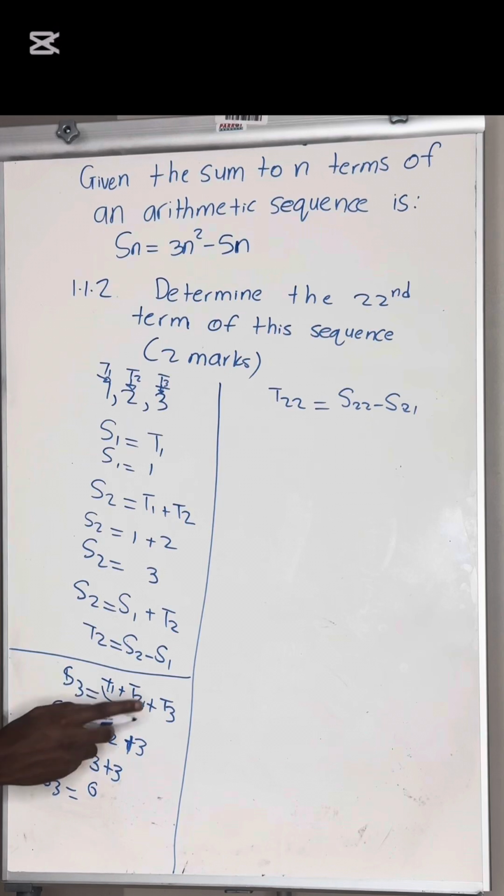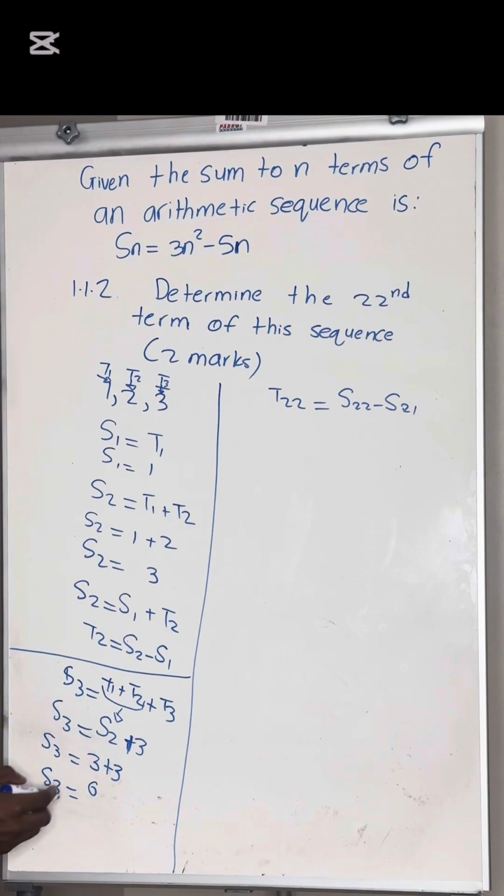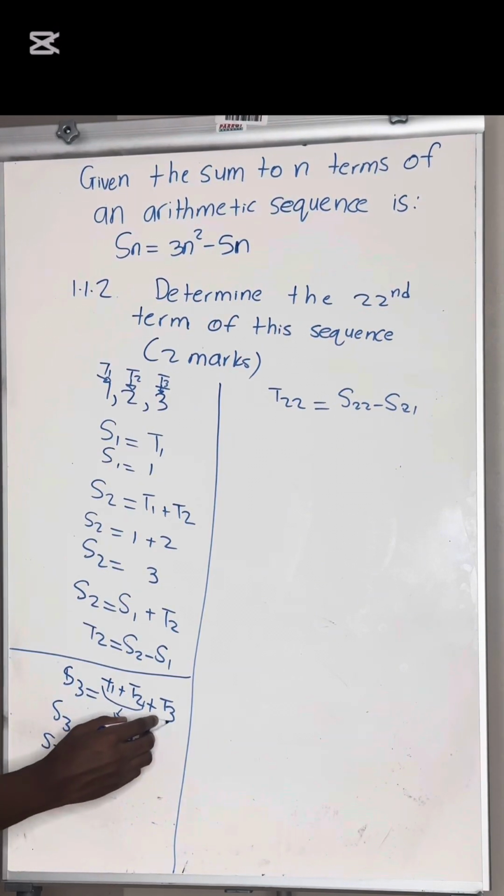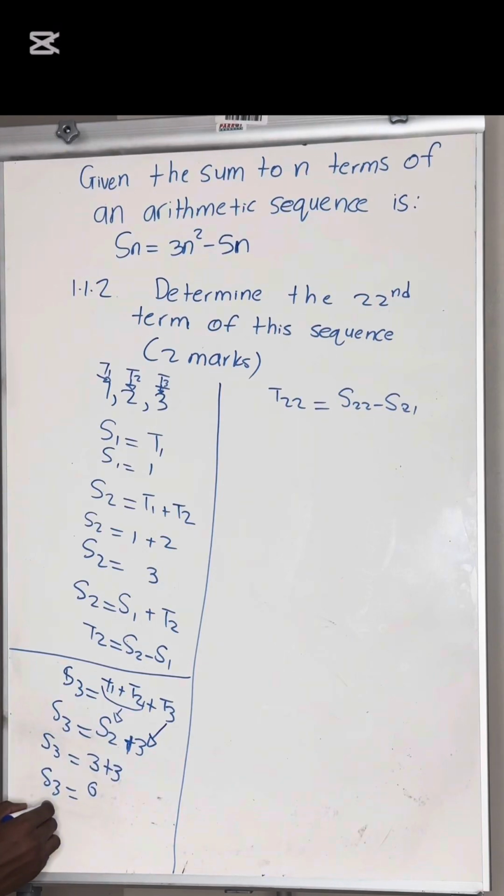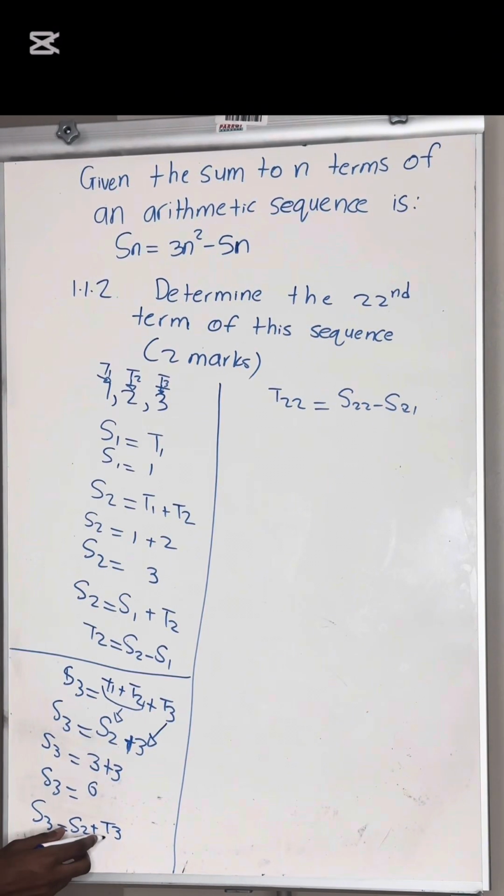So now there's a pattern that you should be aware of. Remember we said that 3 is term 3, which means S3 is equal to S2 plus term 3. And let's say we're looking for term 3. We're supposed to notice that term 3 is equal to the sum of the first three terms minus the sum of the first two terms.